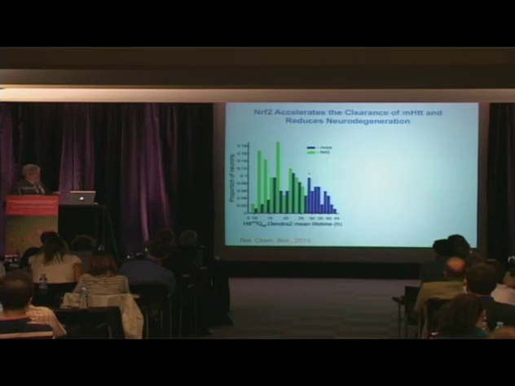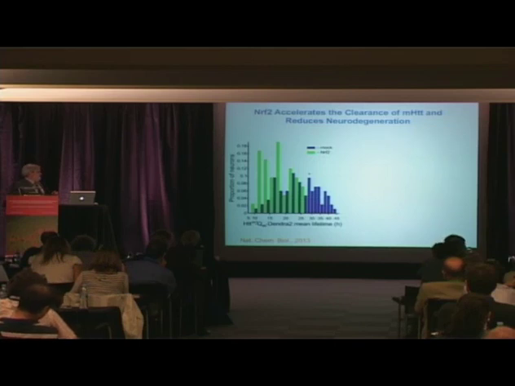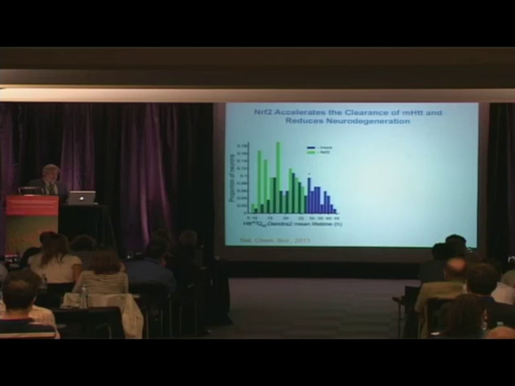So what we did was to introduce NRF2 into neurons, and then we measured the half-life of Huntingtin in the presence or absence of NRF2. What we found was that when NRF2 was present, the proportion of cells with shorter Huntingtin lifetimes was greater. In other words, it left-shifted the half-life of Huntingtin. It's accelerating the clearance of mutant Huntingtin.